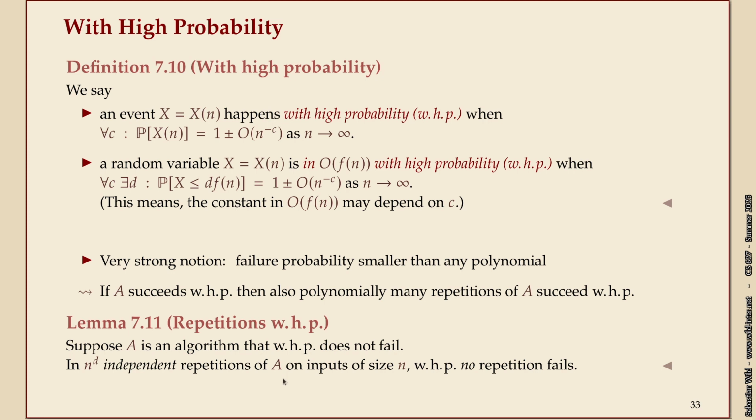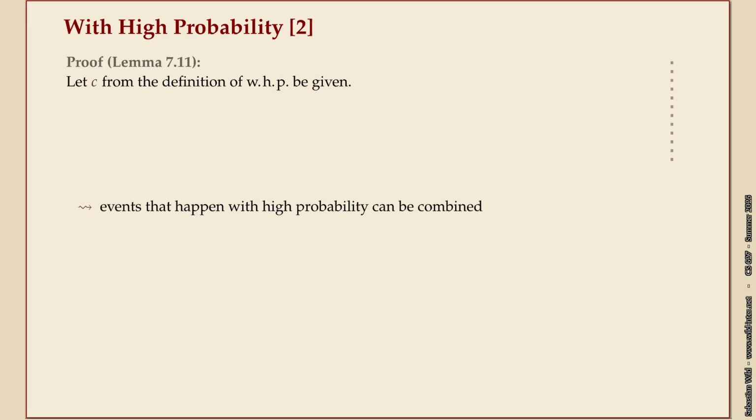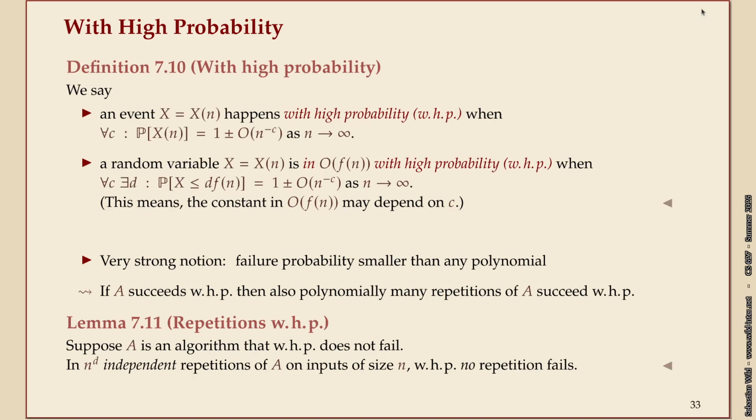If you can prove this, you basically can iterate things a polynomial number of times without seeing a change at the level of this definition. And so let's briefly prove this just to see why this is true.